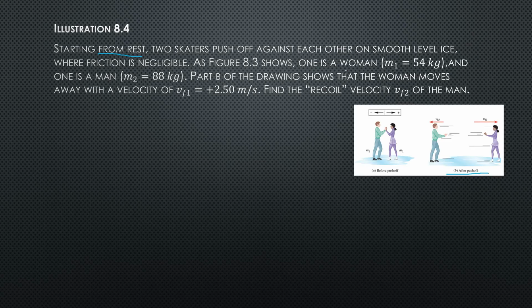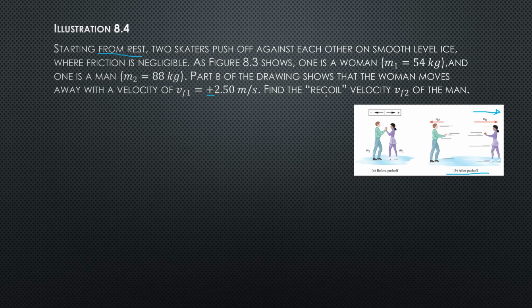One is a woman with a mass of 54 kilograms, and one is a man with a mass of 88 kilograms. Part B of the drawing shows that the woman moves away with a velocity of positive 2.5 meters per second. That direction is towards the right, so that is positive.